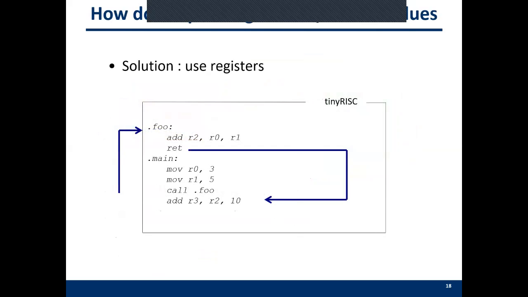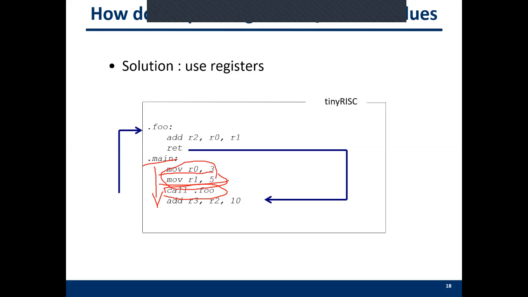For example, you have a main function here. You try to run your code like this, and in the middle of the function, you will call this foo function. But before that, you also use R0. You move some data into R0. You also move some data into R1. So these registers are occupied.